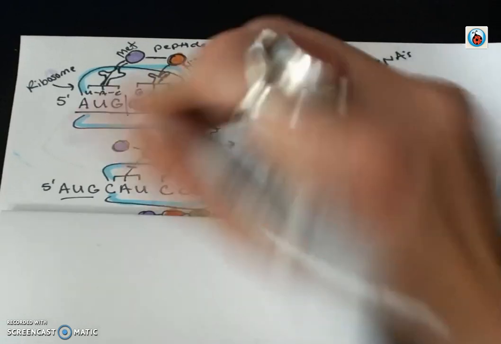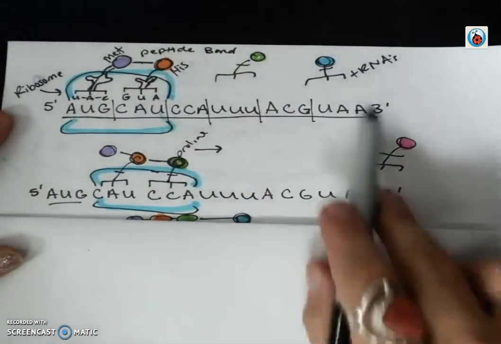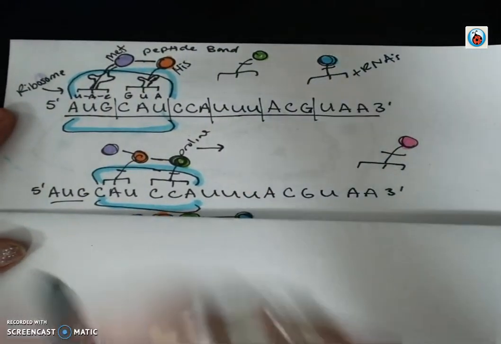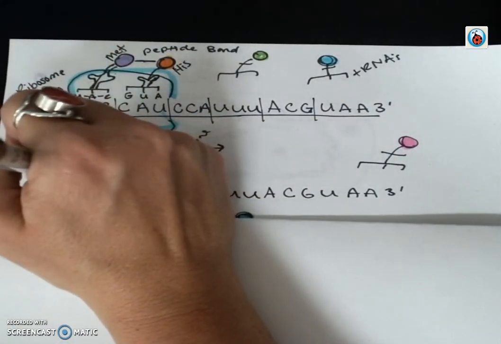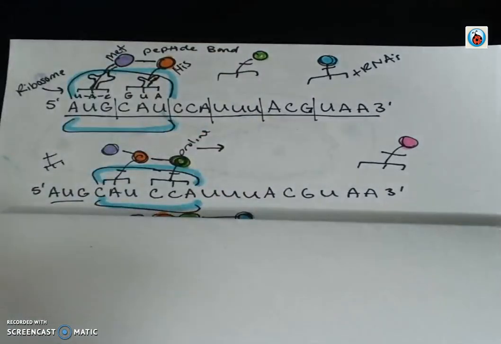So then proline would be brought. And now the tRNAs are free floating. Now this tRNA up here that coded for MET, after it's used, it is missing the amino acid, and that's why you eat protein, to replace these amino acids. And you can also make your own amino acids as well.